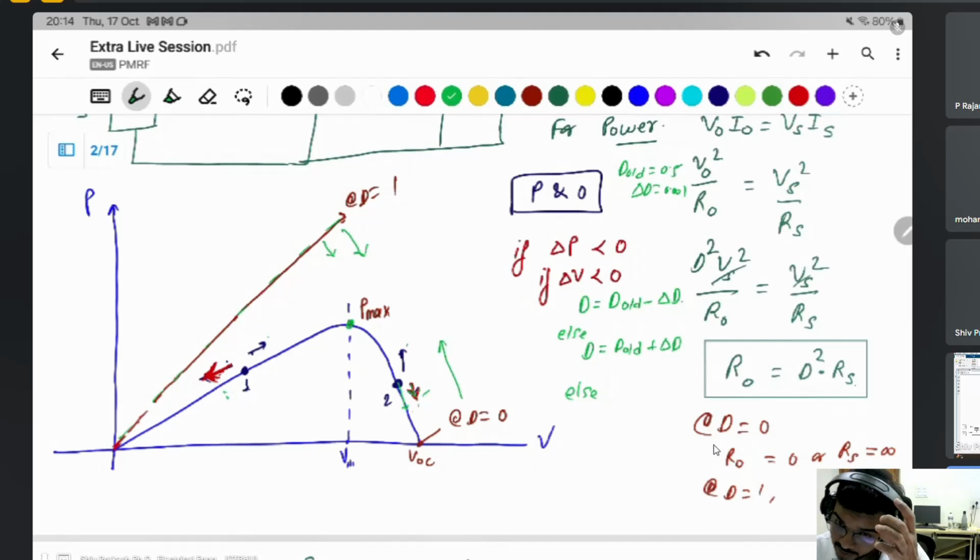Then it will also take delta P as greater than 0. If delta P is not less than 0, that means delta P is greater than 0. Then you can write these two things.